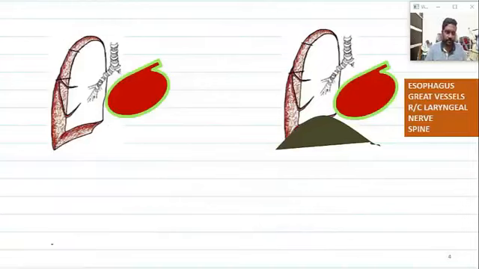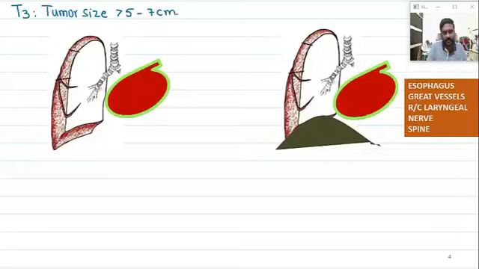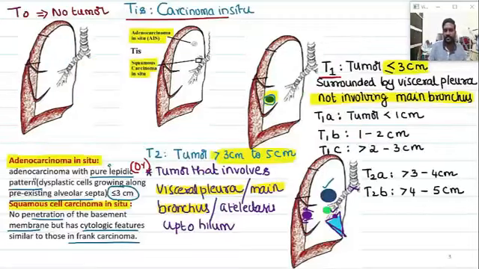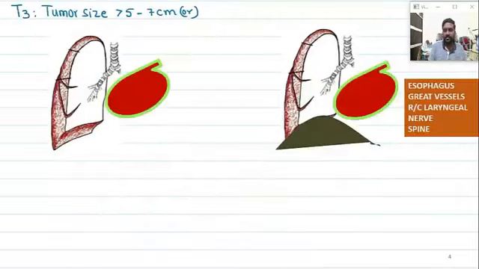Now coming to T3. Now either the size of the tumor increases or it invades more organs. So T3, tumor size more than 5 centimeters up to 7 centimeters. So this is a big tumor. When compared to previously, these were small tumors.